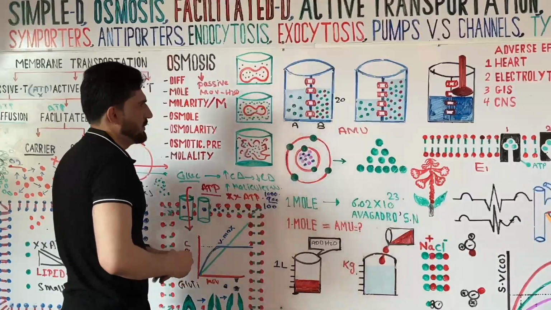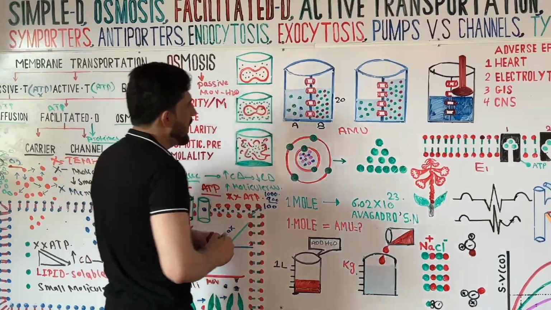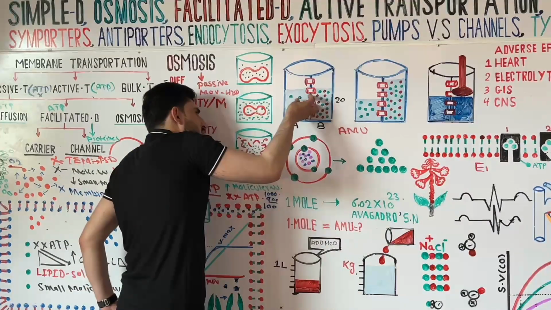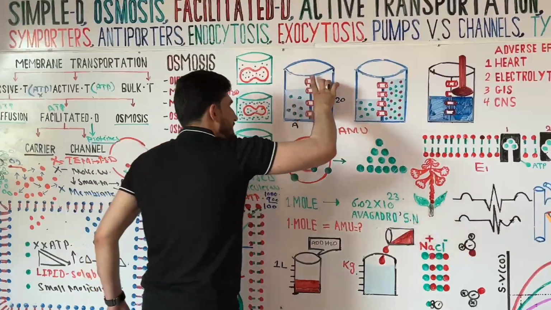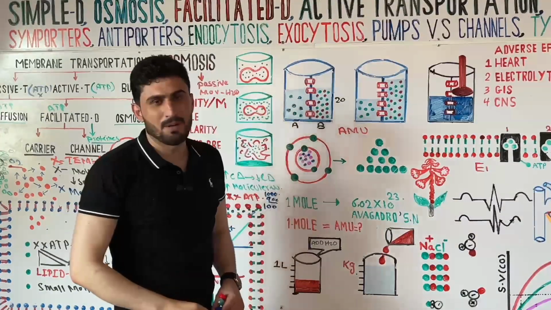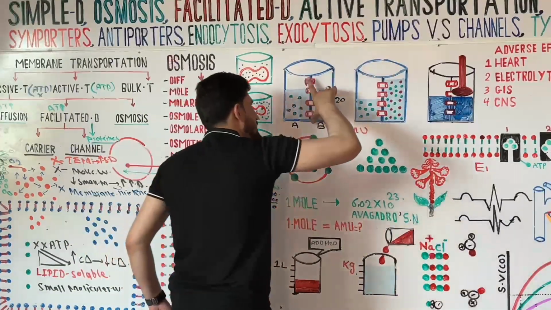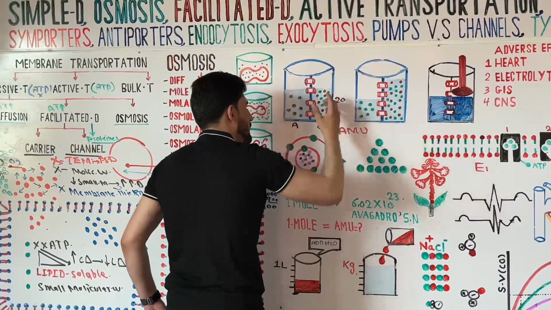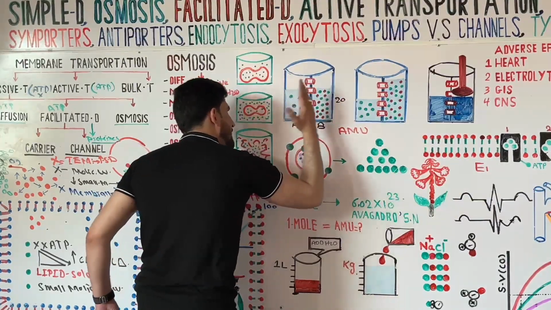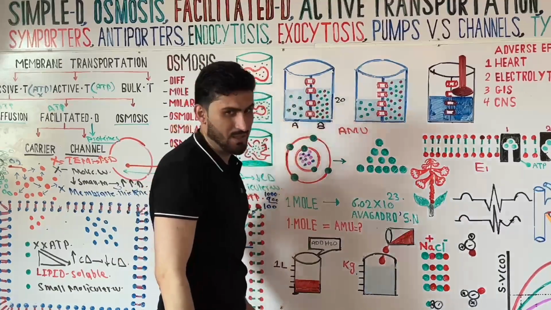Here is a question. You will think, why don't these solutes come here? Because this membrane is semi-permeable. It doesn't allow these solutes to move from this area to this area.